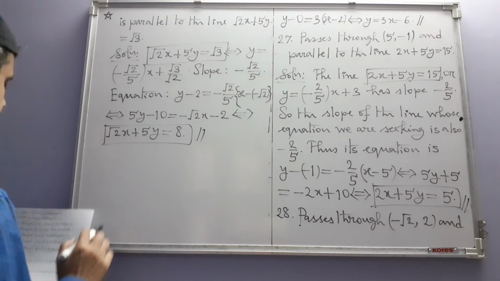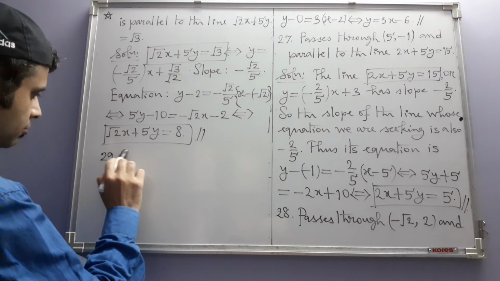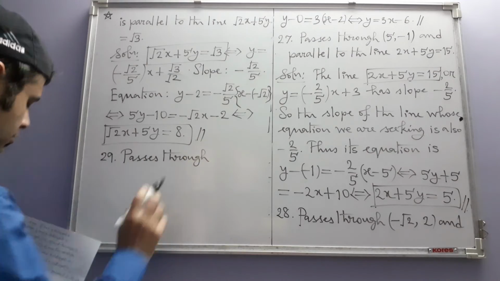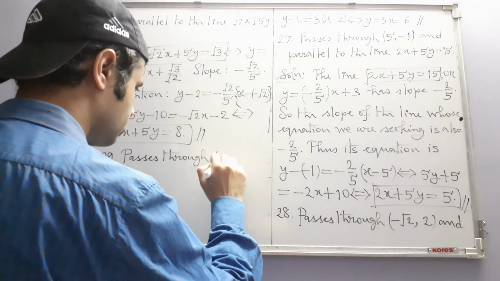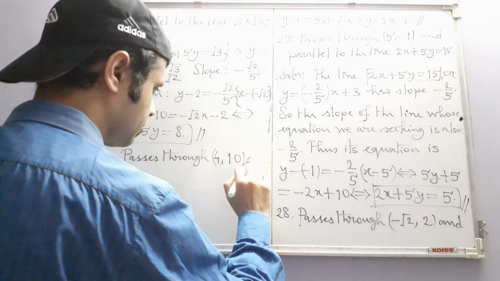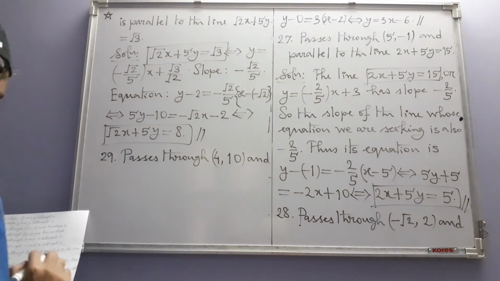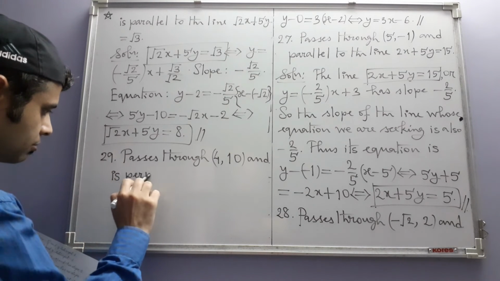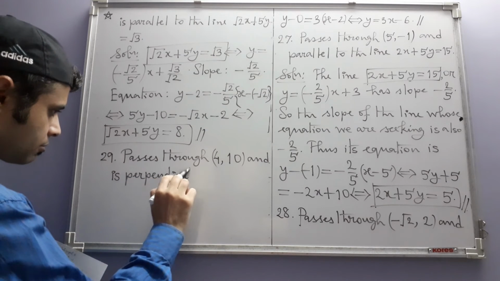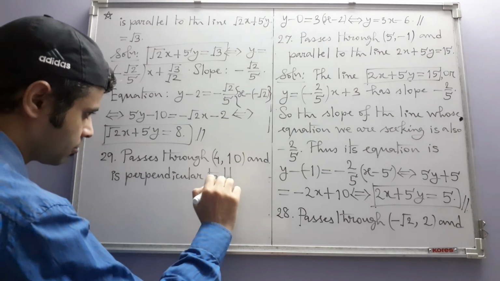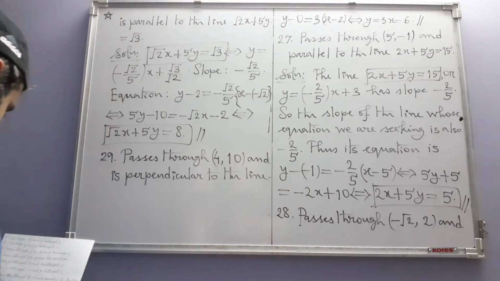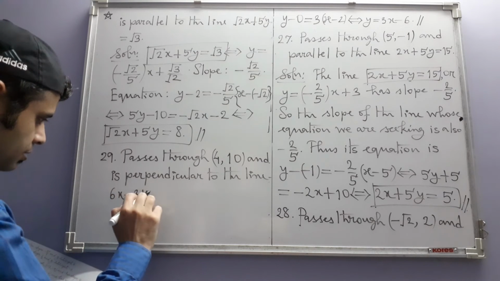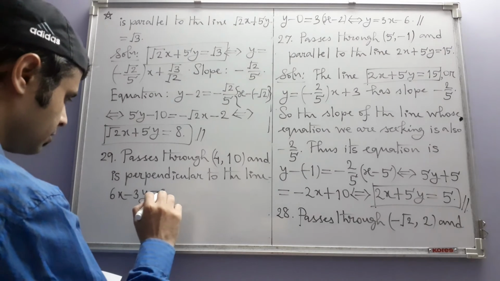Then 29. Passes through 4, 10 and is perpendicular, okay, this time perpendicular, to the line 6x minus 3y equal to 5.